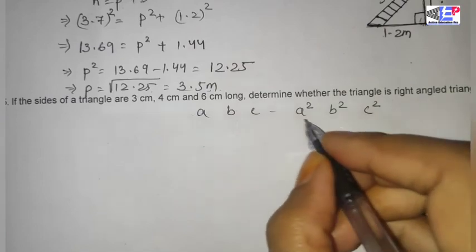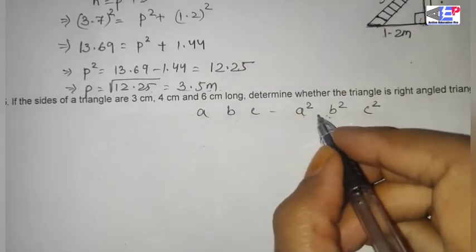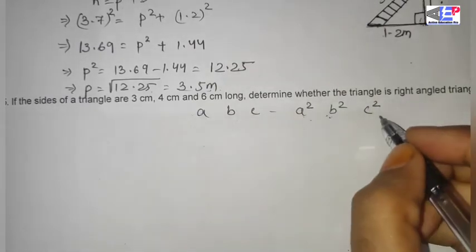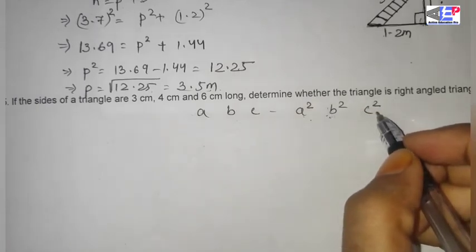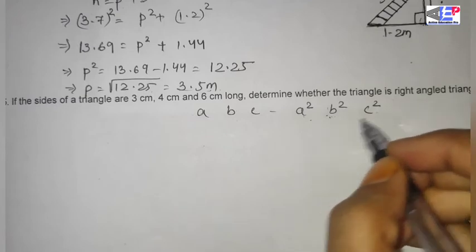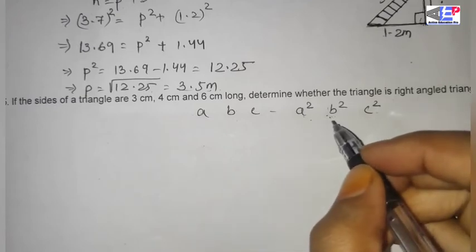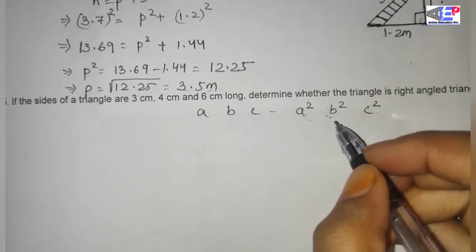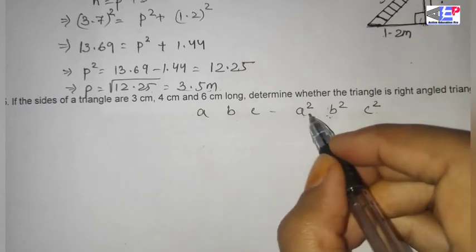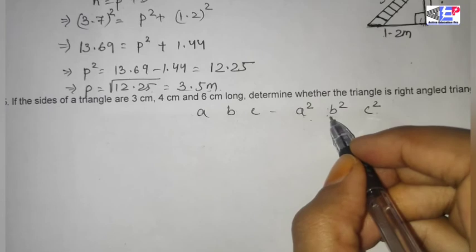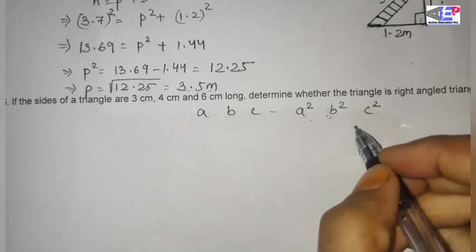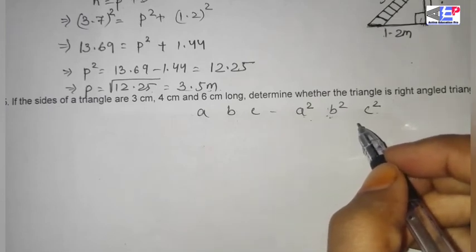If a square plus b square is equal to c square, then yes, it is a Pythagoras triplet. Otherwise, if b square plus c square is equal to a square, then yes, it is also a Pythagoras triplet. So the sum of the squares of any two of them, equal to the square of the remaining one, makes it a Pythagoras triplet.